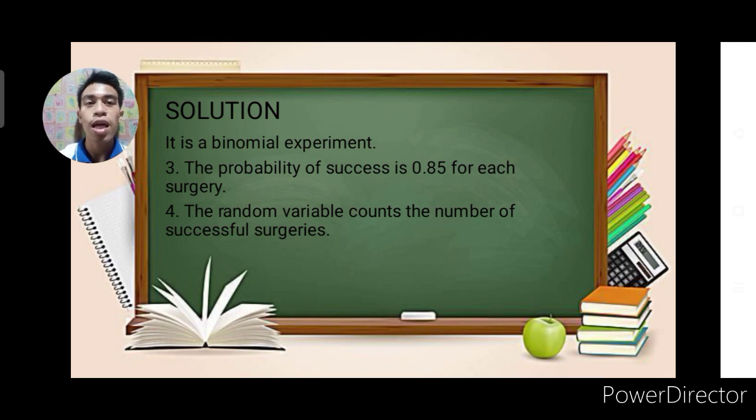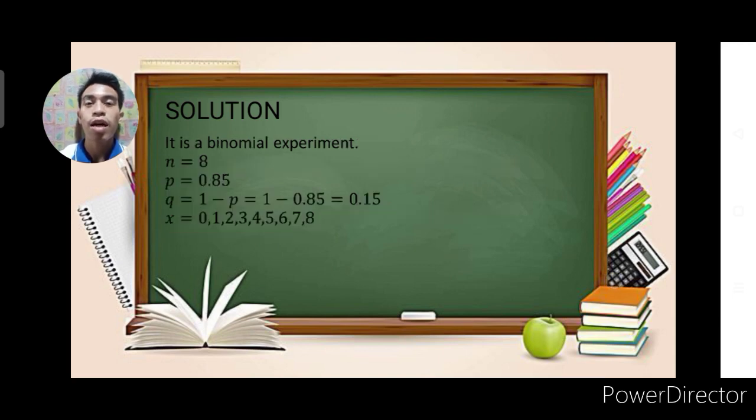And number 4, the random variable counts the number of successful surgeries. We have n equals 8, p equals 0.85, q equals 1 minus p, that is equal to 1 minus 0.85 equals 0.15. For x, we have 0, 1, 2, 3, 4, 5, 6, 7, and 8.